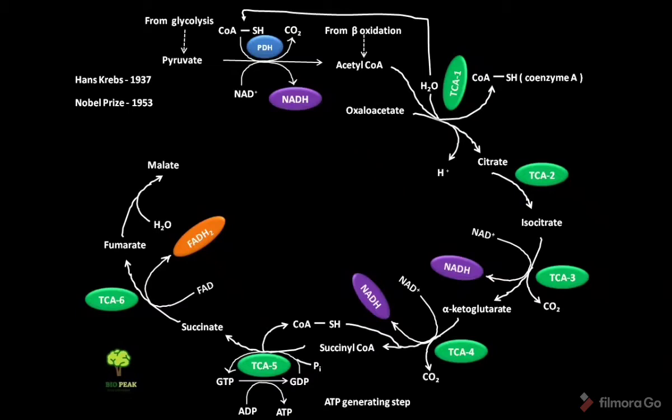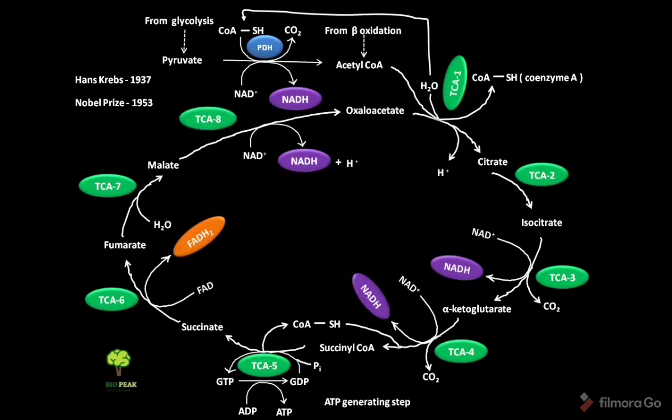This step is named TCA7 and is catalyzed by fumarate hydratase. Then the malate regenerates oxaloacetate with the conversion of NAD plus to NADH and a H plus ion. This step is named TCA8 and is catalyzed by malate dehydrogenase. It is important to note that molecular oxygen does not participate in the TCA cycle.